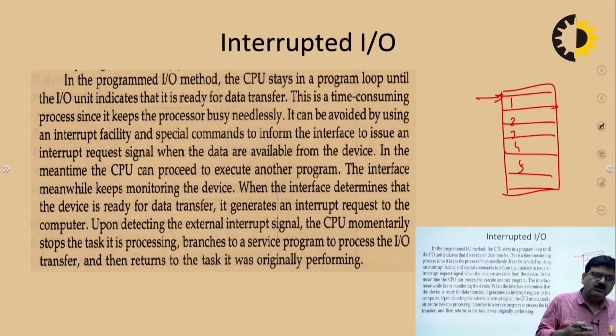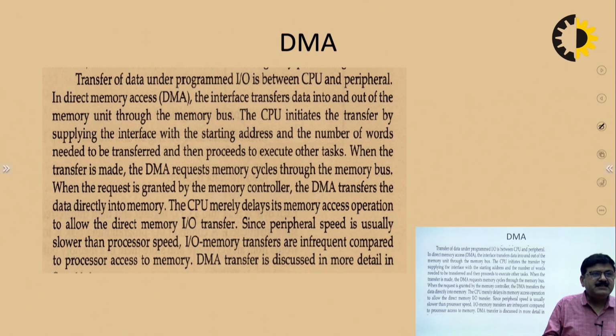So in this way, the interface keeps monitoring the device. When the interface determines that the device is ready to transfer, this is in this way you can say DMA. I told you that the CPU hands over its control for transferring to the DMA.